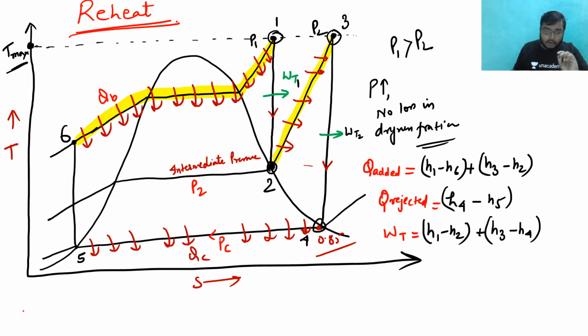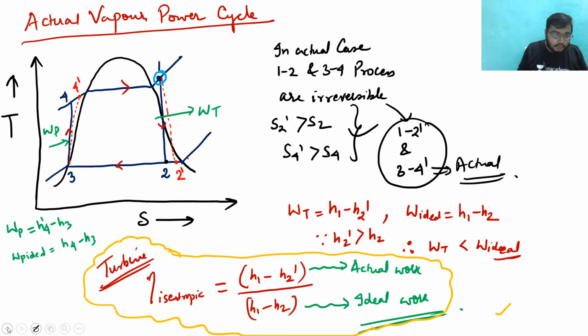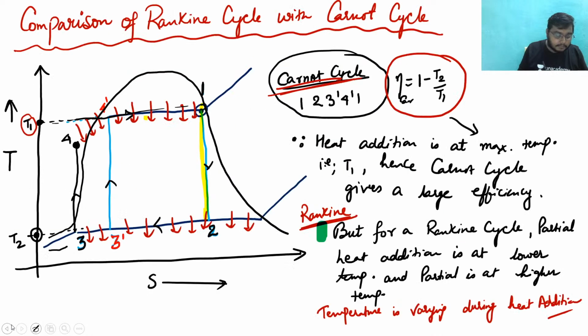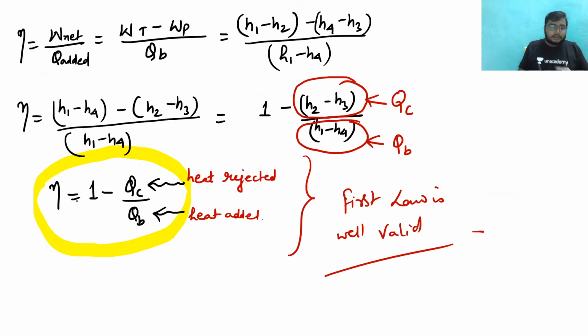ठीक है. So now, if I would talk about, see here, in earlier scenario, what we have seen, that efficiency of a Rankine cycle is nothing but 1 minus of heat rejected by heat added. Clear? Now see, what is heat rejected and what is heat added?